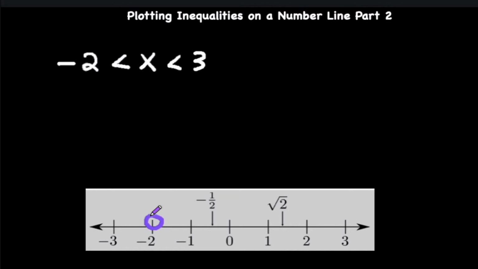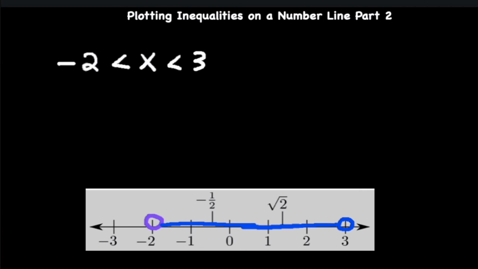It's an open circle. That means we're going to shade towards the right. However, let's hold off on the shading until we plot this next one. X is less than 3. So we have 3 here. It's an open circle. And since it's less than, we're shading towards the left, right? So notice how these come together, and since x is greater than -2, we're shading towards the right.